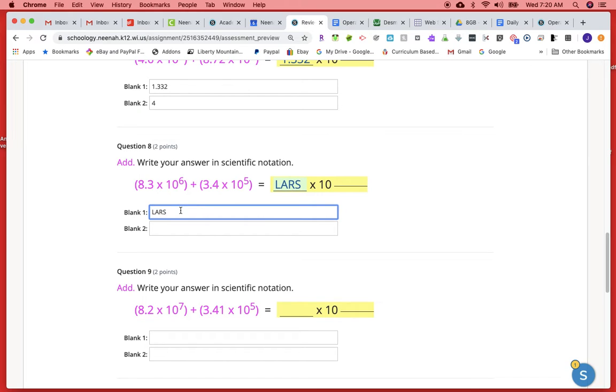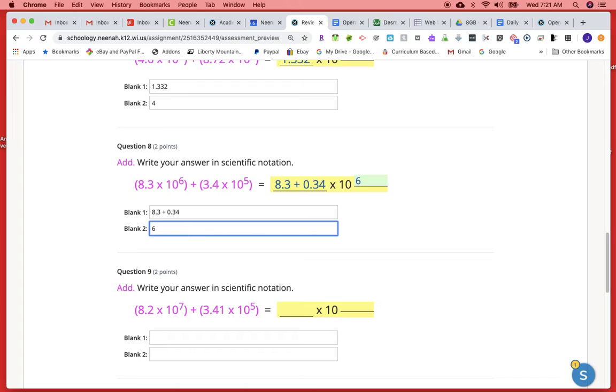So over here, this is what we're looking for. We're going to go 8.3. That stays the same. We're going to go plus. And being that we're moving our decimal one place to the left, I'm going to put 0.34. That will be the addition problem that we're going to be doing. And when I move that decimal place, we moved it one place to the left, we are going to be adding 1 to our exponent to make it 6.